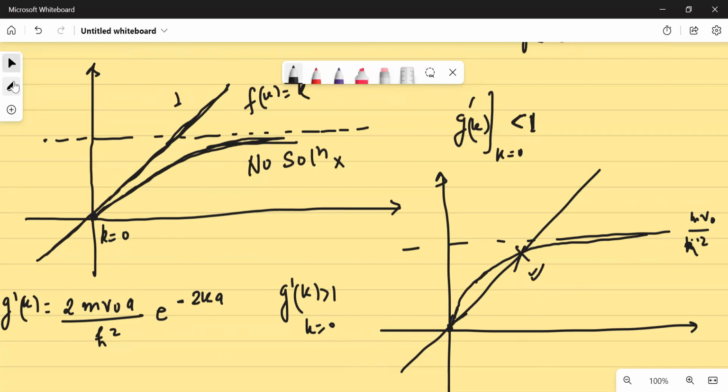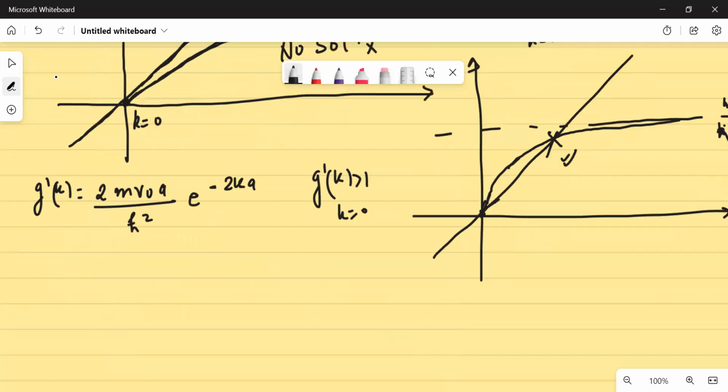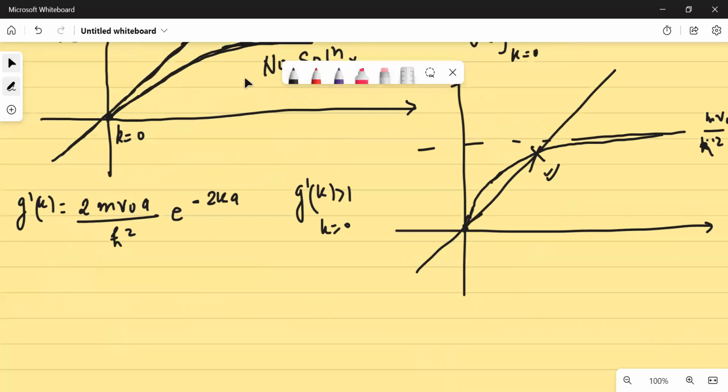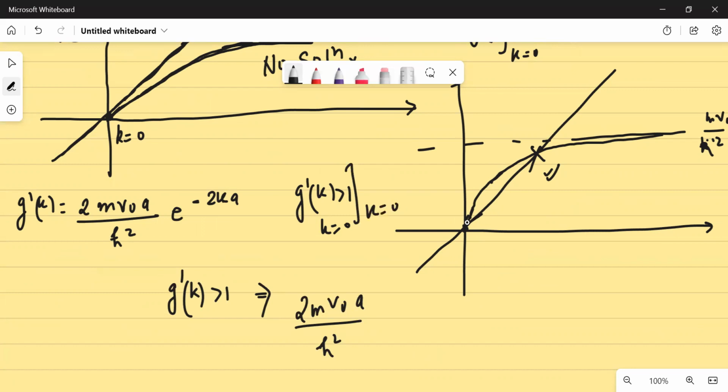So what is the possibility that I will have a solution? The only possibility is that g dash k must be greater than 1. And if I'm writing g dash k greater than 1, it implies 2m v naught a upon h cut, all these things at k equal to 0. Because at k equal to 0, if g dash k is greater than 1, then I'm starting above the line.